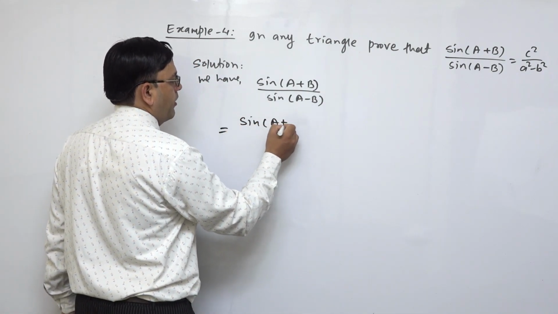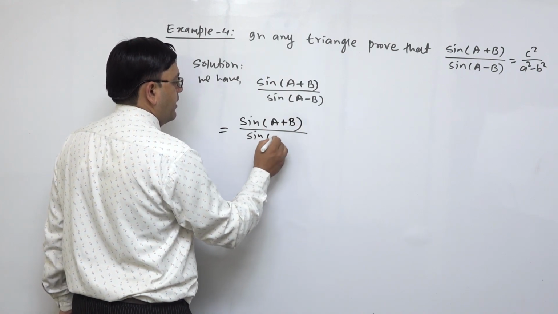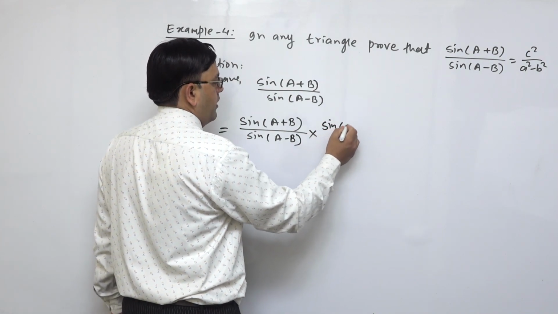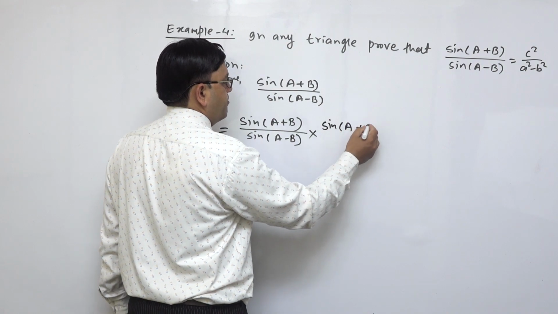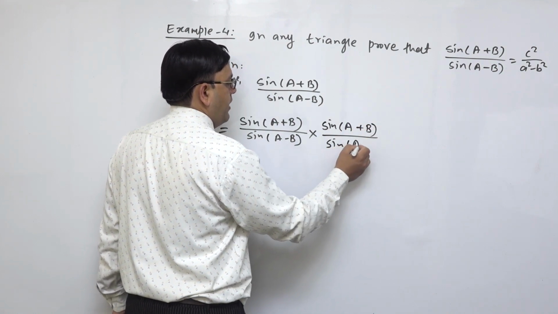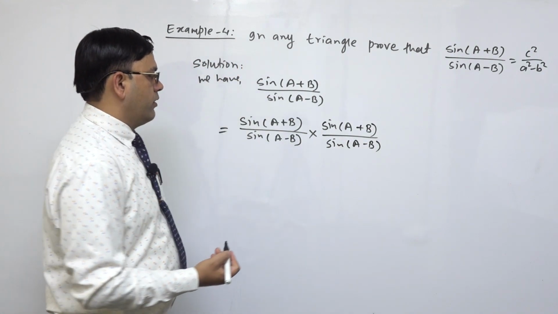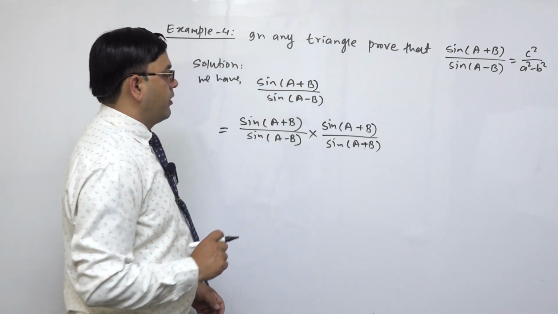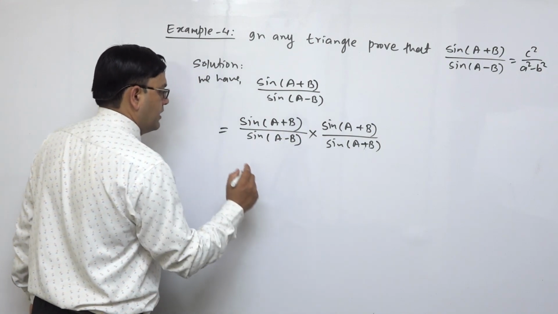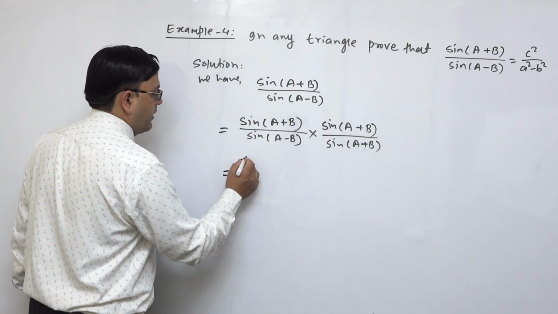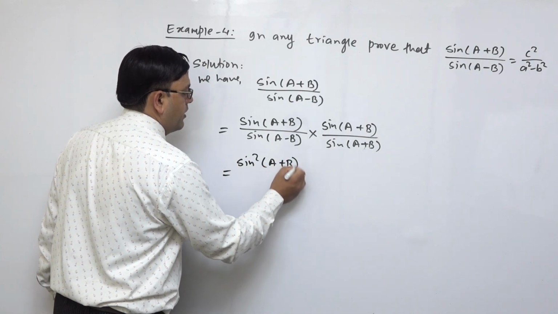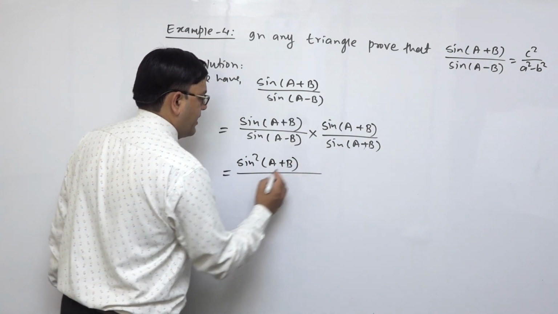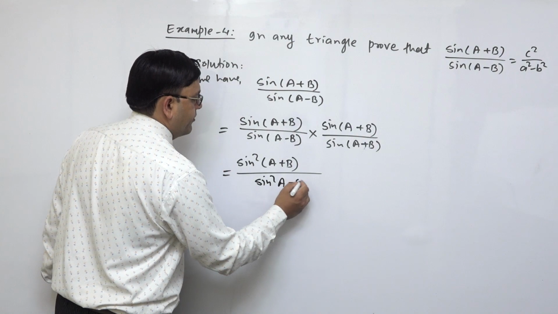Multiplying sin(A + B) in the numerator as well as the denominator, this is equal to sin²(A + B) / [sin(A + B) times sin(A - B)], and we can write sin²A - sin²B, this is the formula.